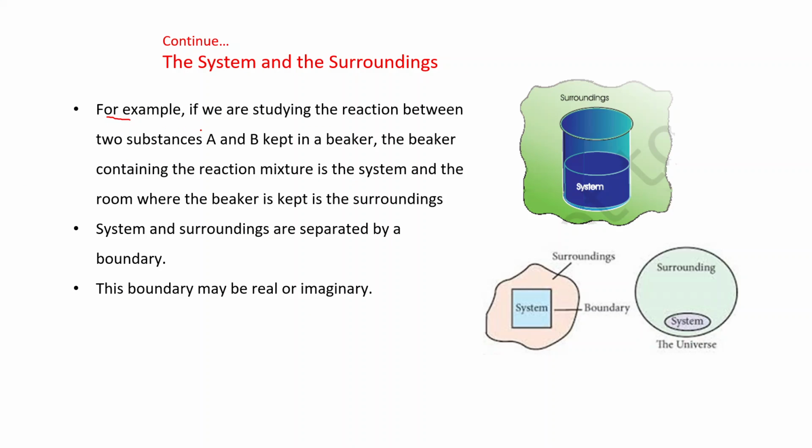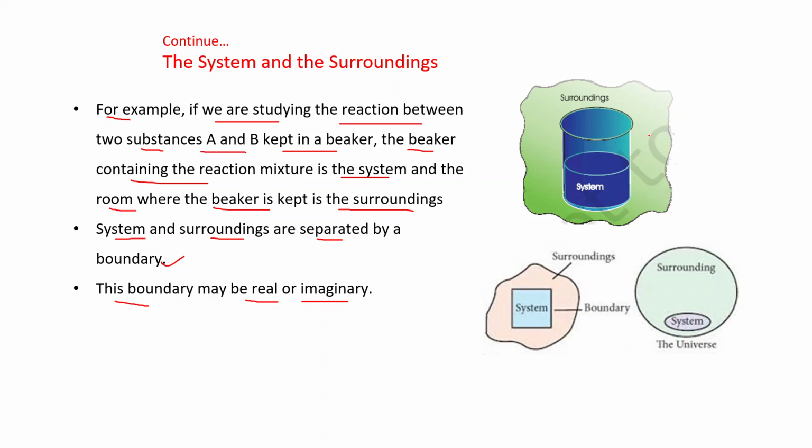For example, if we are studying the reaction between two substances A and B kept in a beaker, the beaker containing the reaction mixture is the system and the room where the beaker is kept is the surroundings. System and surroundings are separated by a boundary, and this boundary may be real or imaginary.